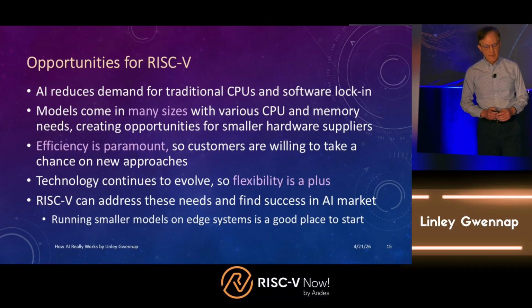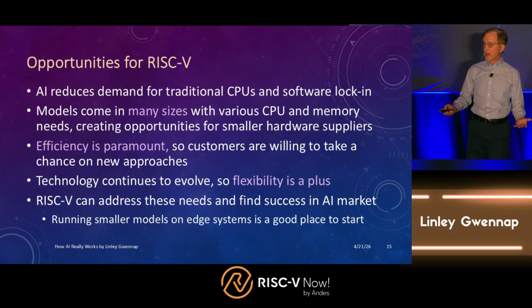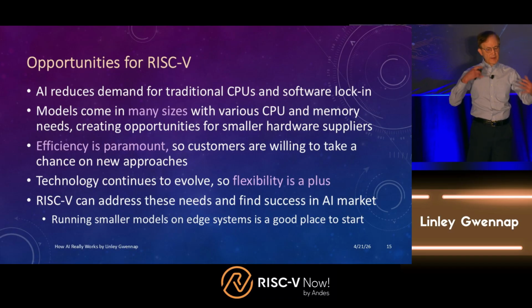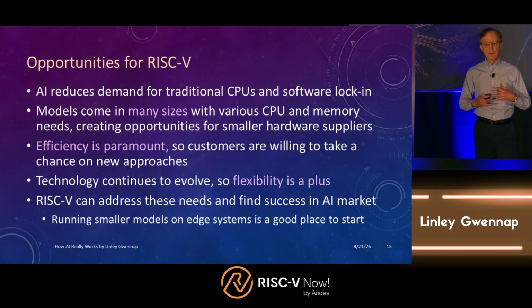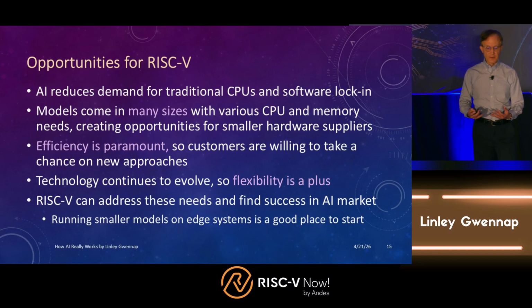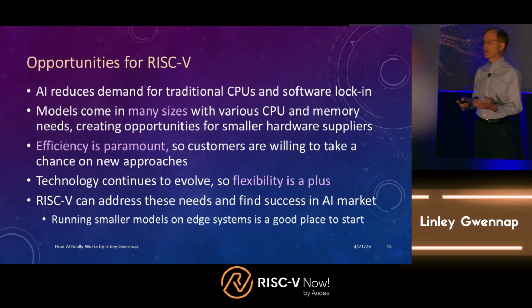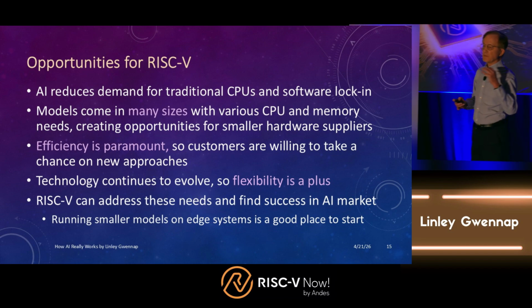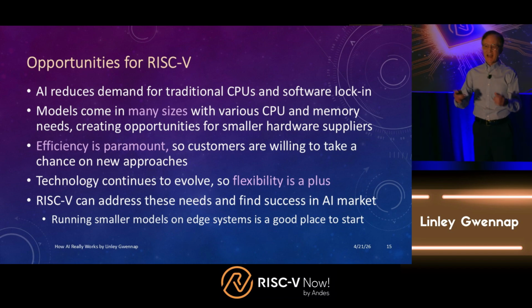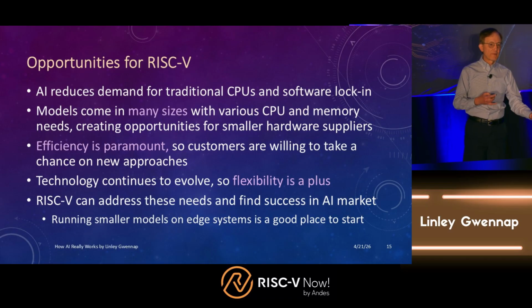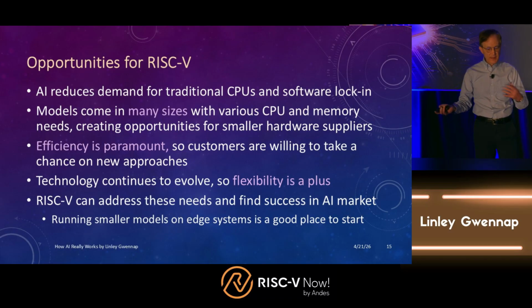Here at a RISC-V event, I wanted to talk a little bit about RISC-V. As I was saying, with these agents, we're seeing more demand for traditional CPUs. And then the software lock-in I talked about, the fact that you're not tied into a specific architecture, so you can use RISC-V, ARM, x86.